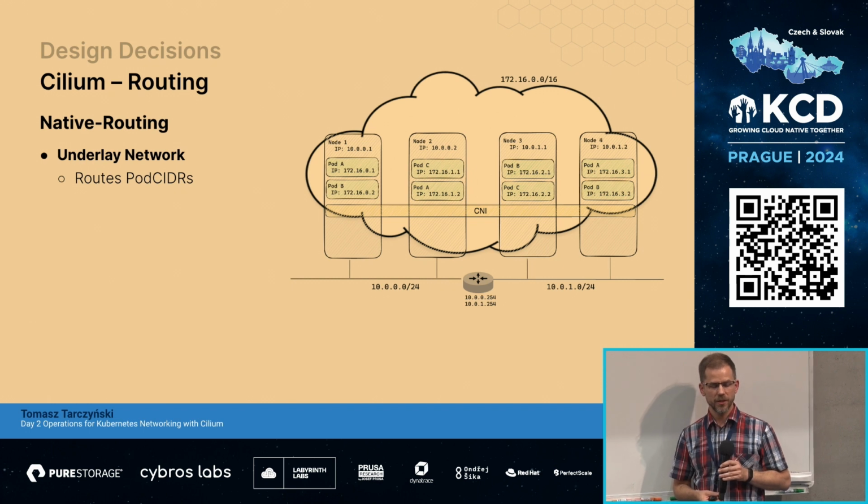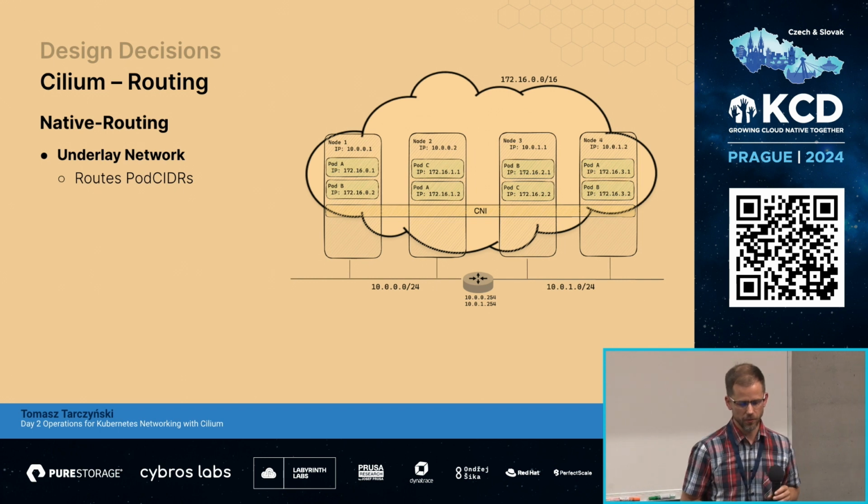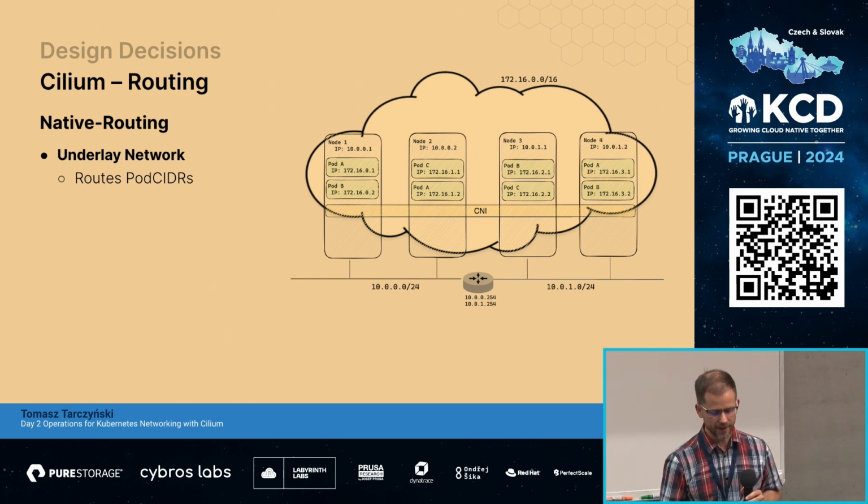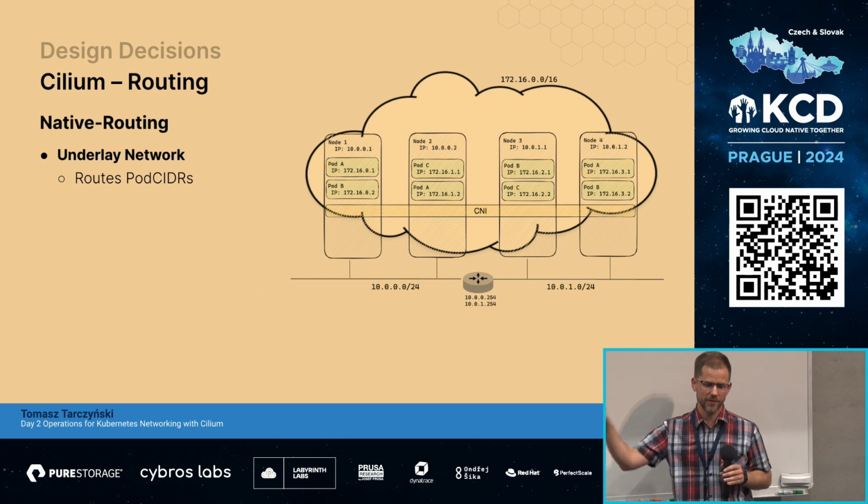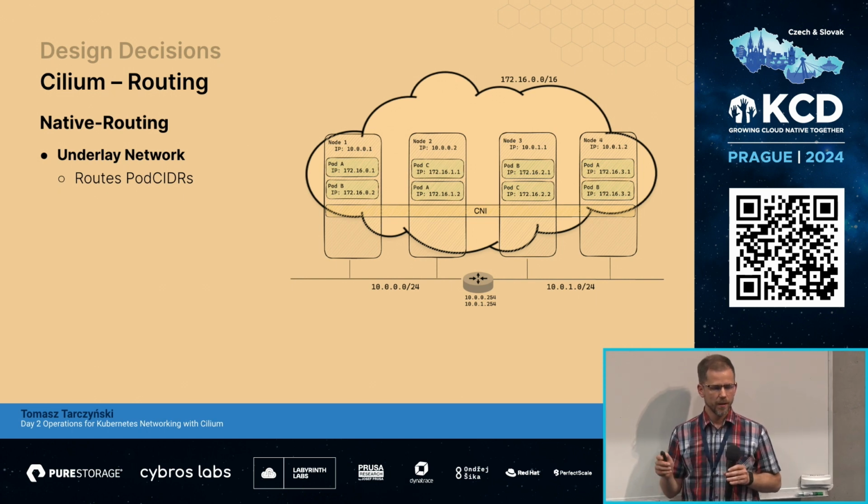And then there is the other option, which is native routing. So here we are using the underlying network to take care of routing in between pods in your cluster.